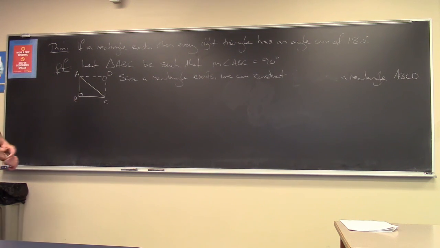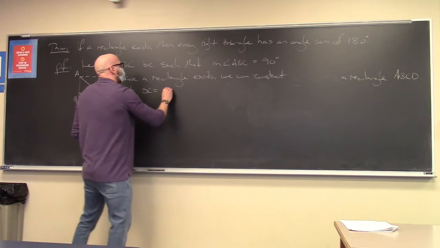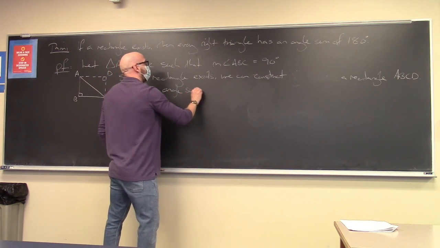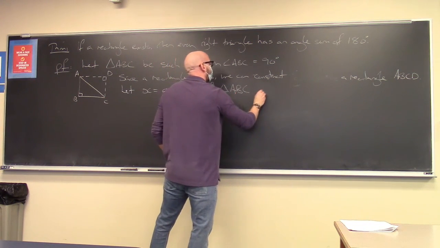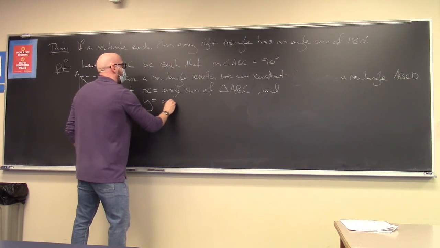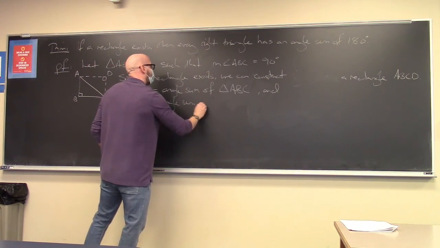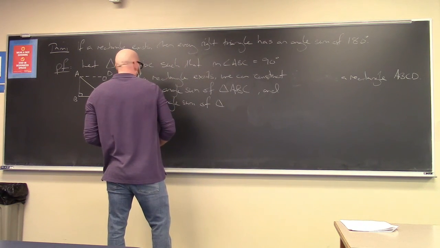Let's look at their angle sums. So let X be the angle sum of triangle ABC. And let Y be the angle sum of the other triangle, ADC.